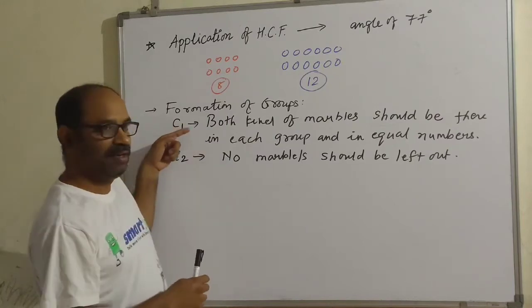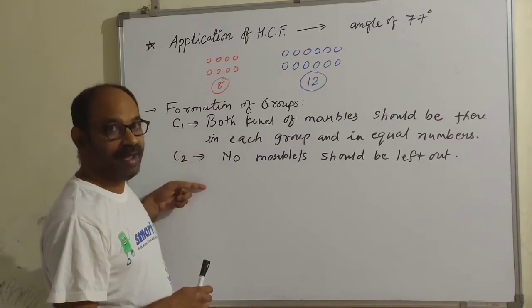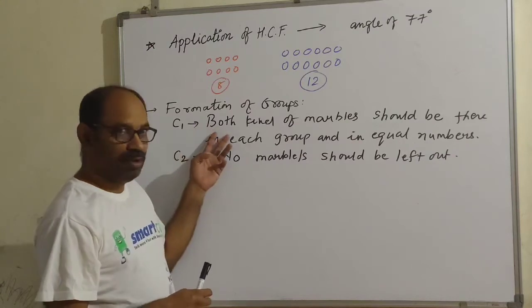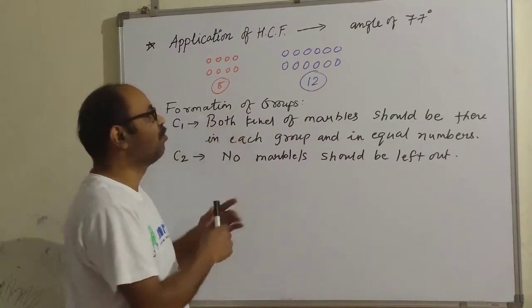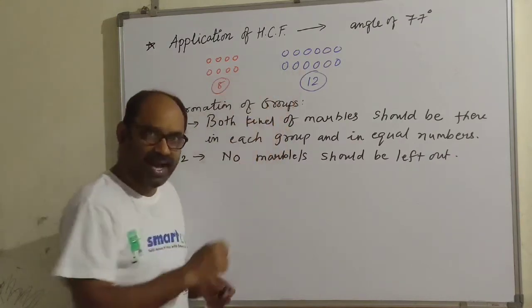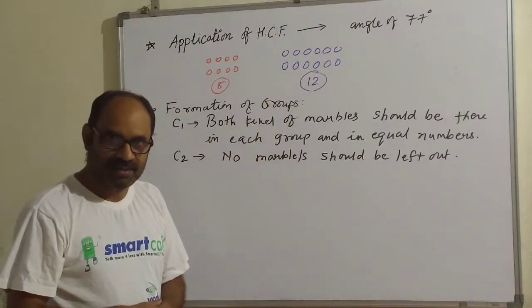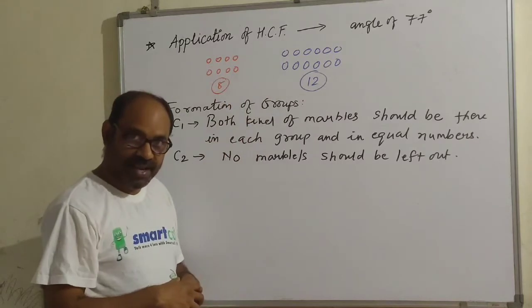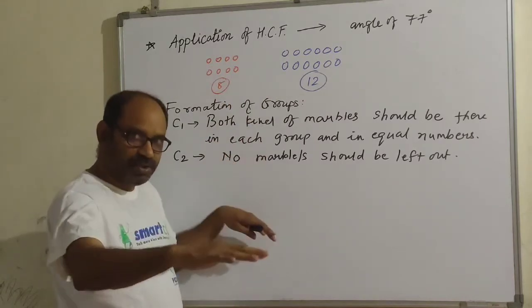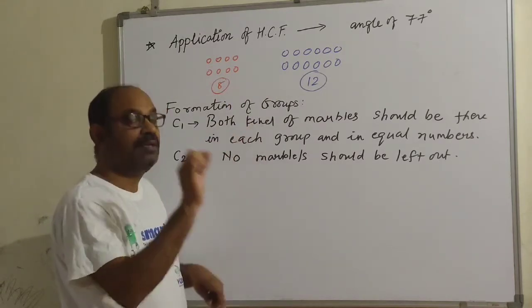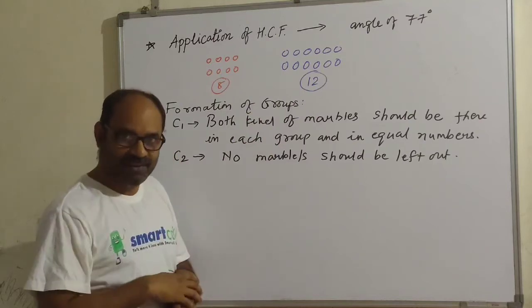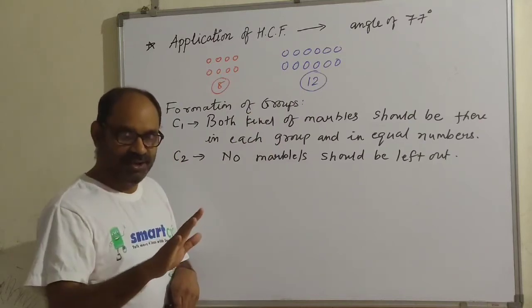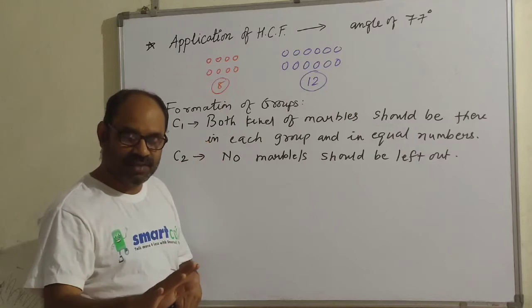And while forming the groups, these two conditions are to be kept in mind. Every group should contain red as well as blue marbles. And in each group, the number of marbles should be the same. After distribution of marbles in different groups, not a single marble should be left. Is that clear to you? Did you understand the rules of the game?